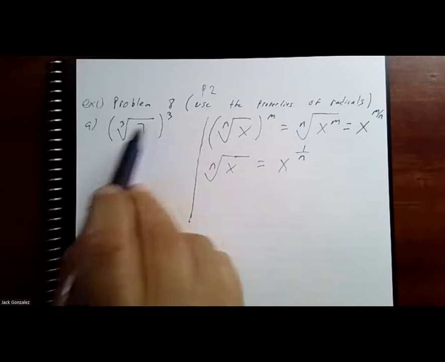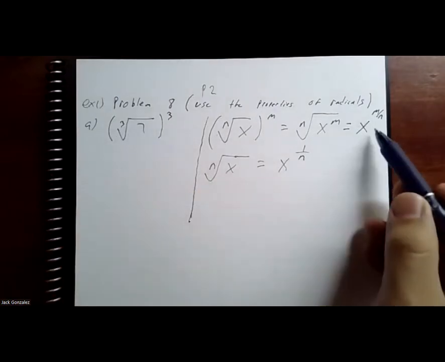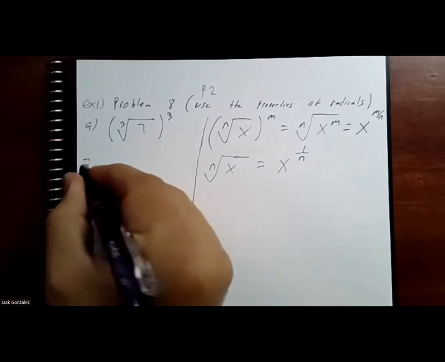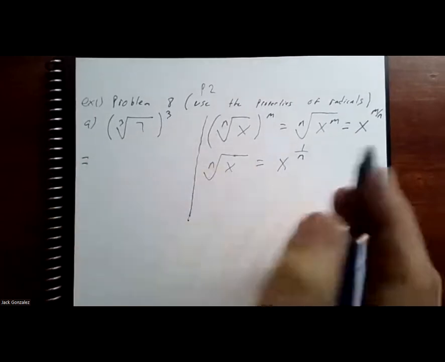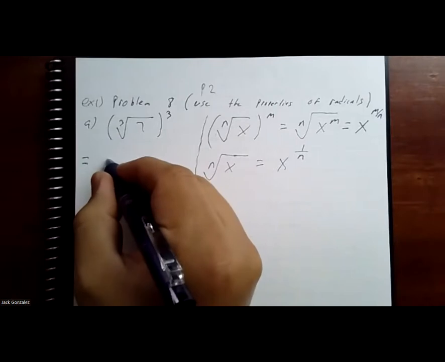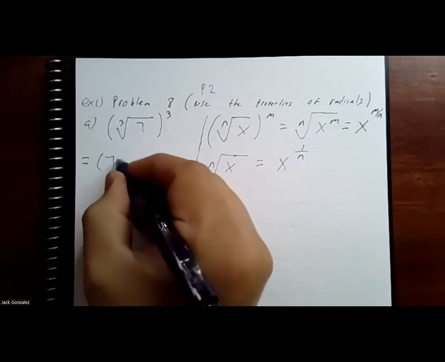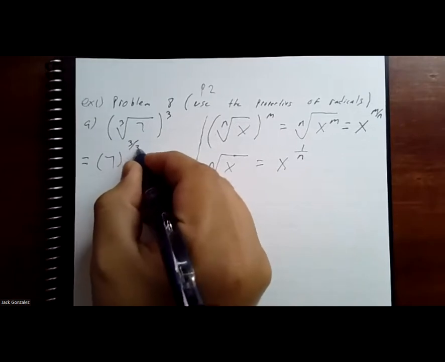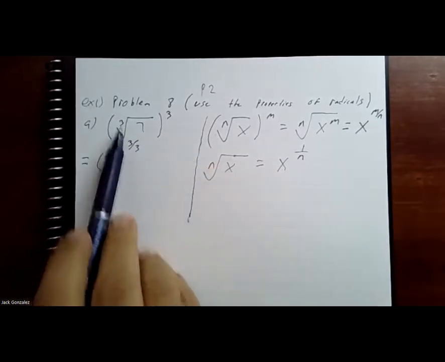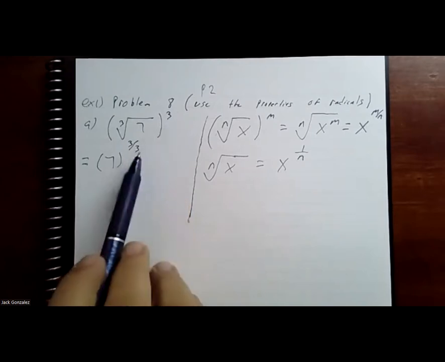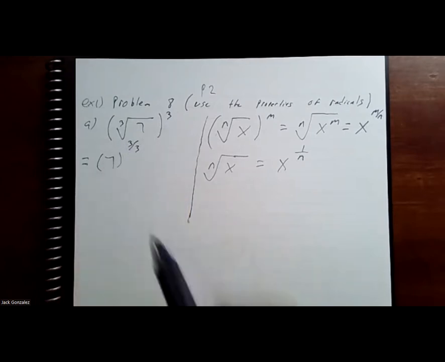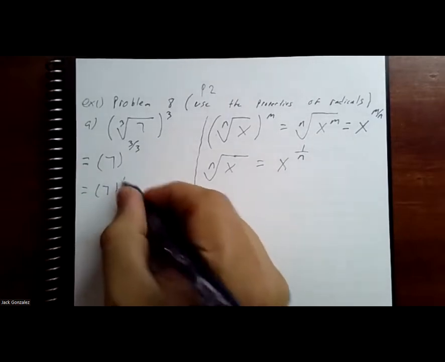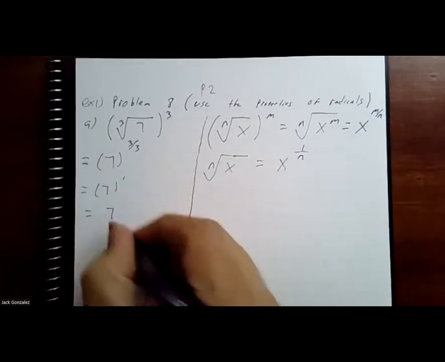Same thing for a cube and a cube root, and that's because of this property here. So when you apply the properties, even though we know the answer, technically this is the same as saying 7 to the 3rd power, 3rd root. So the root is always on the bottom, the power is always on top. So 3 over 3. They cancel out, giving you just a 7 to the 1, which is a 7.